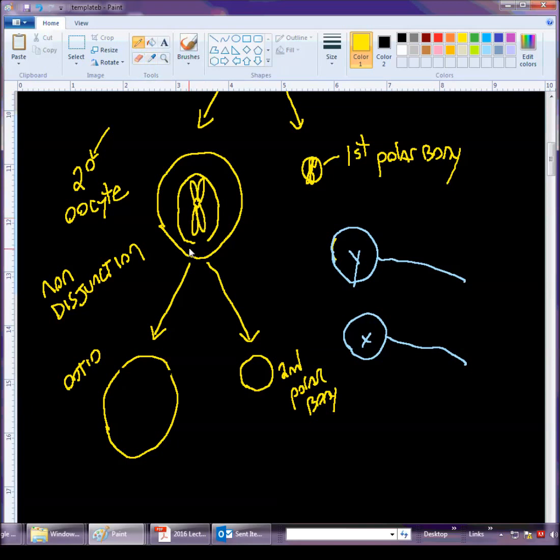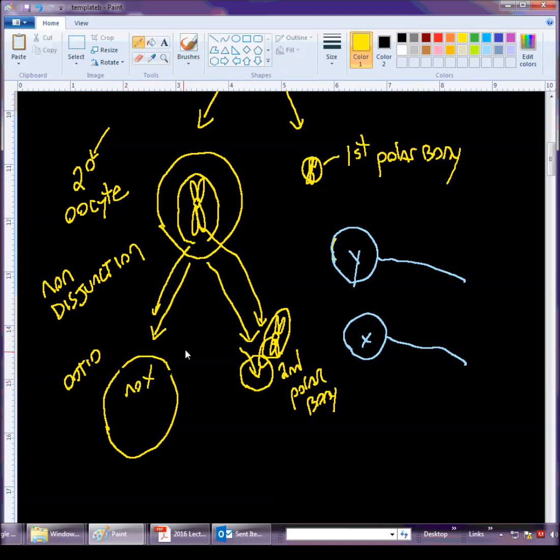and instead of going to the ootid, they go to the second polar body. Okay, so those are in there. I just drew the two X chromosomes outside because I didn't have room in the second polar body. It's too small. But trust me, they are inside the second polar body. And that means we have no X's in here.